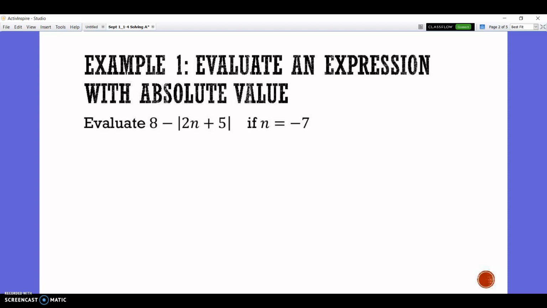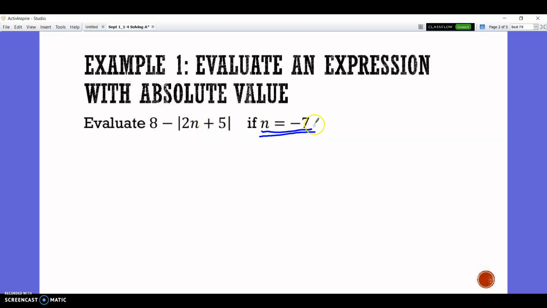From the previous video you saw what an absolute value is, and when we take the absolute value of a number, it is always positive. So for here, when we're evaluating, we're actually going to take what the value of n is, which in this case is -7, and I'm not going to make it positive. That's not what this is.